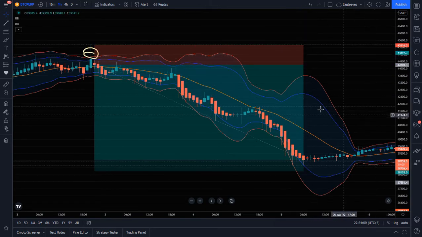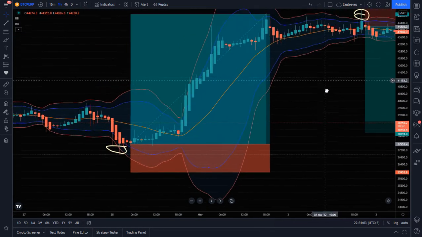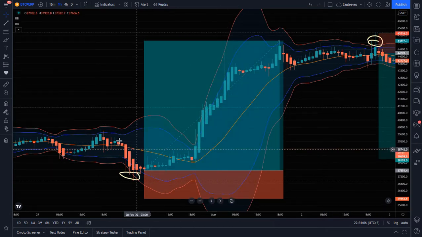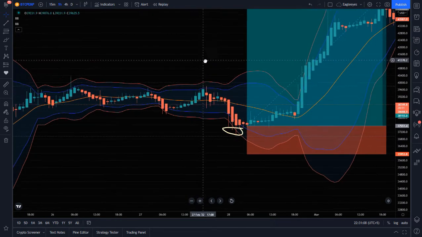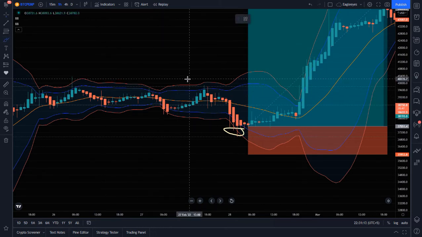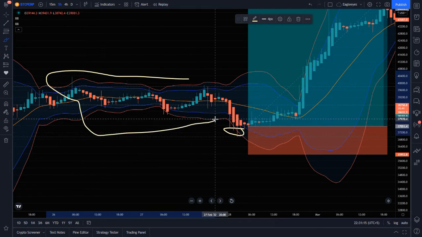Like when Heiken Ashi changes color to the opposite, in case of short, you can get out of the trade when it turns green or blue. And likewise, you can get a profitable 3% from this trade also. And you can see we have another profitable trade here.